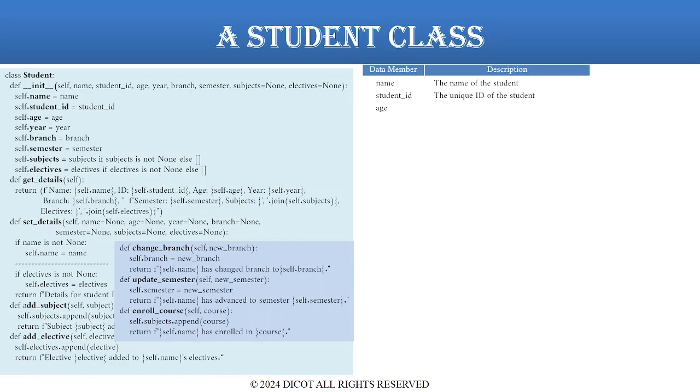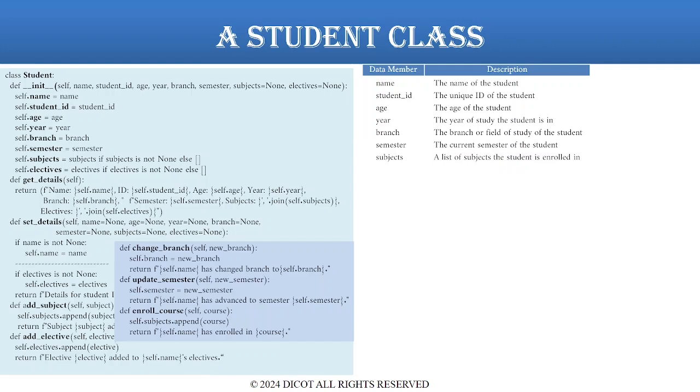Age is the age of the student. Year is the year of study the student is in. Branch is the branch or field of study of the student. Semester is the current semester of the student. Subjects is a list of subjects the student is enrolled in. Electives is a list of elective courses the student is taking.